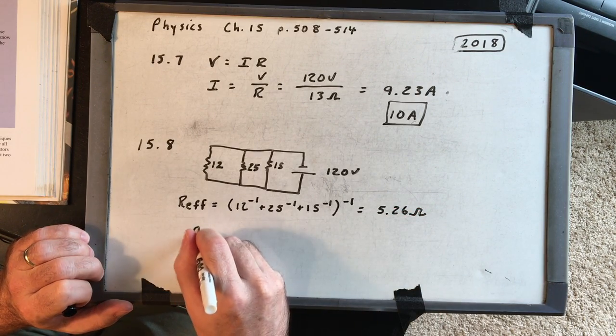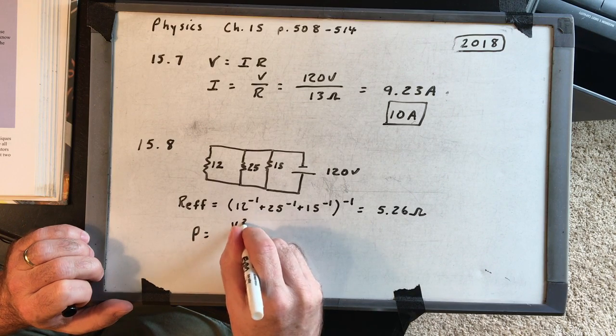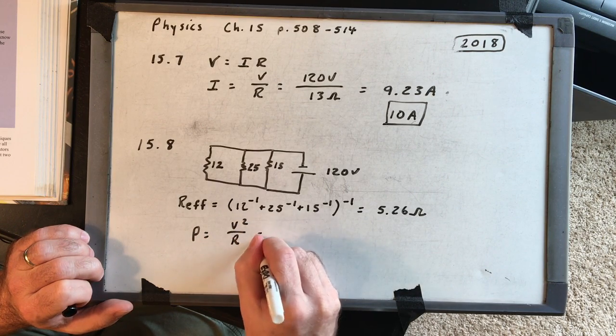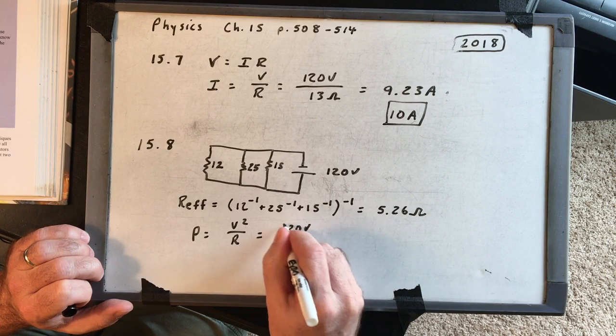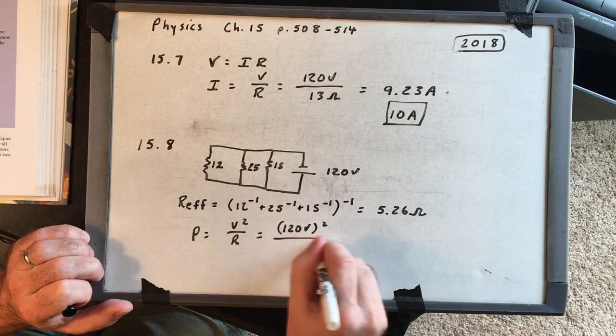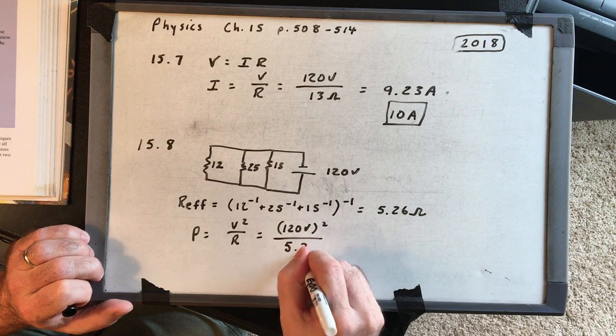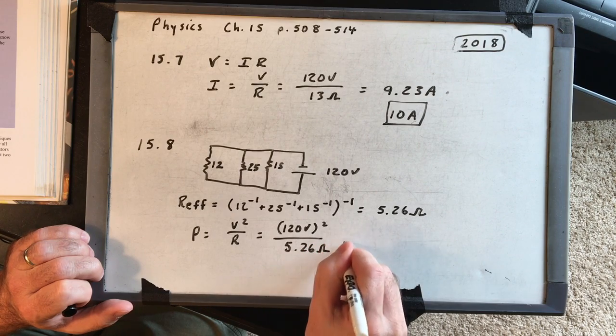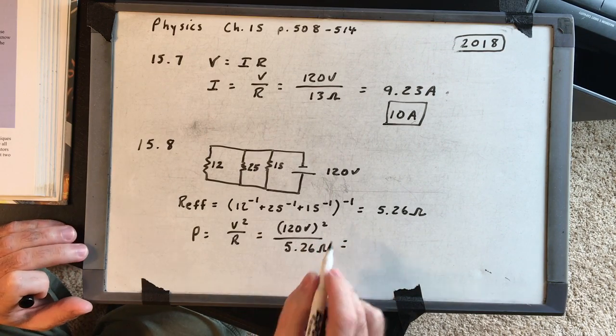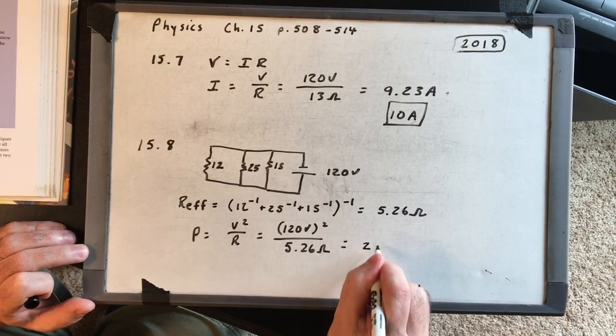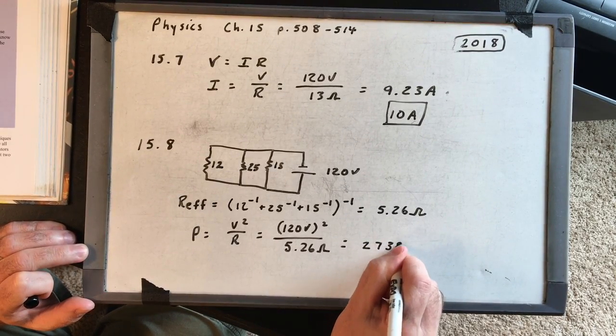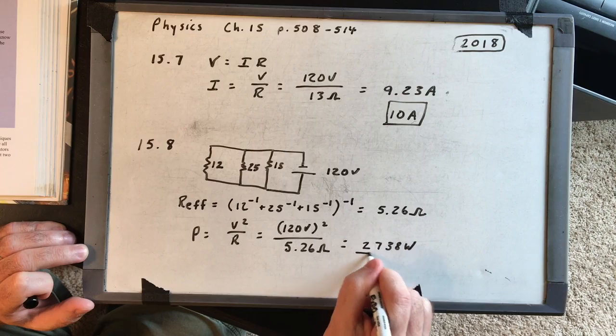So now we can get the power of the circuit. I'm going to use V squared over R. So that's 120 volts squared over 5.26 ohms. And you'd get 2,738 watts.